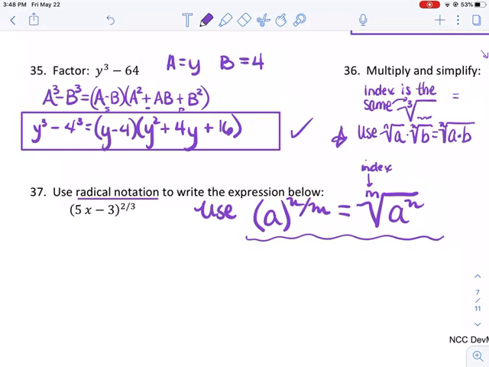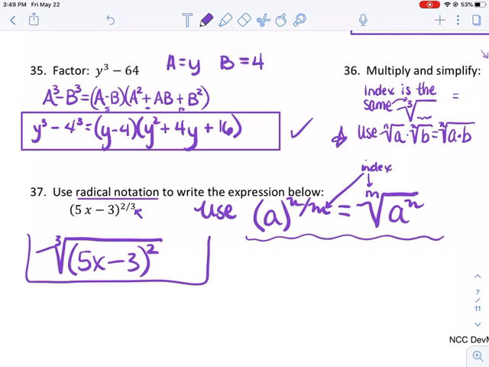So the index is the denominator of the rational exponent. So when I look at this one, I say, oh, it's a cube root. So we end up with a cube root of the quantity 5x minus 3 squared. So we have it written in radical form now. And that's about all we need to do here.